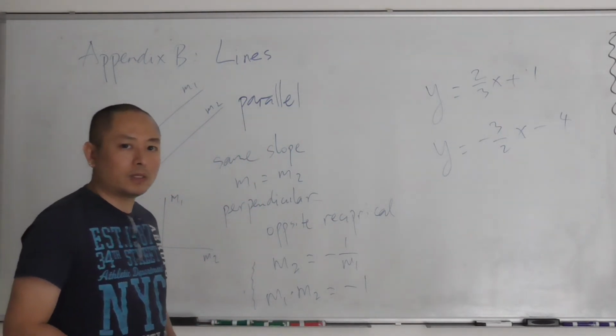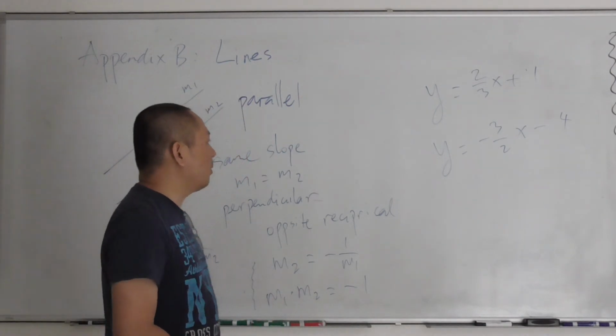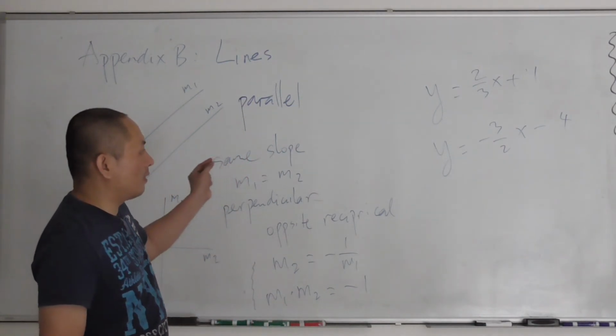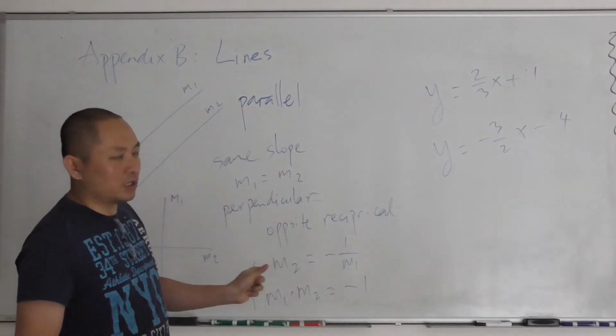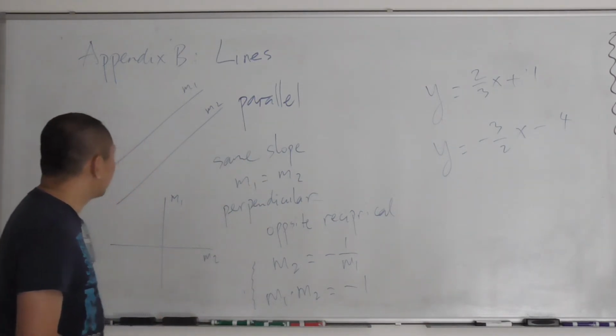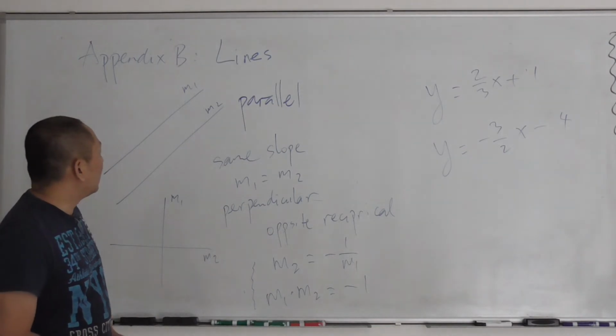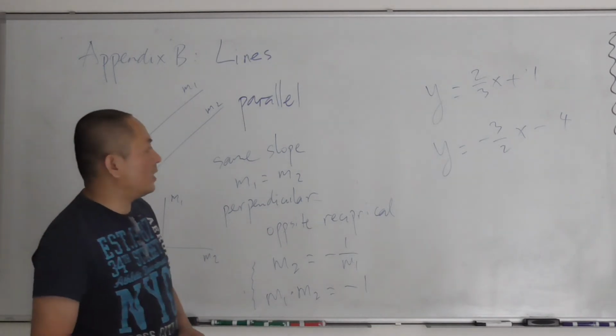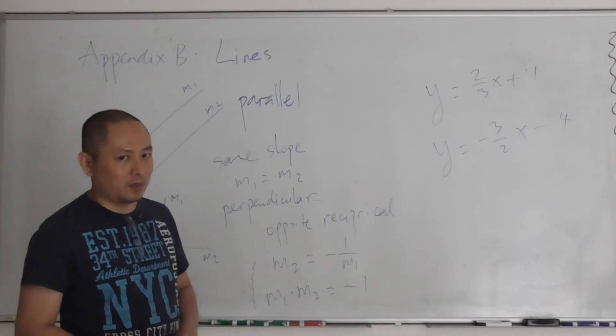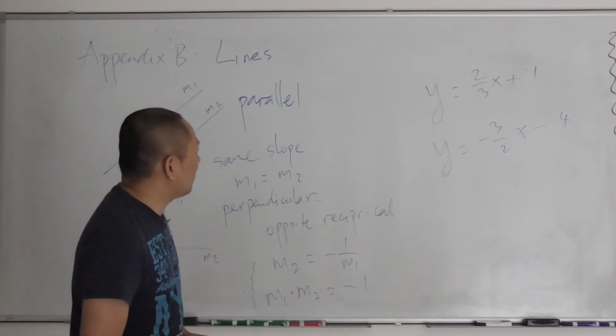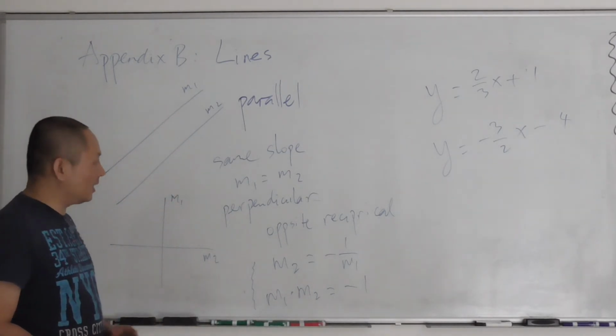If we have two points, we can find the slope of the line that goes through them by calculating change of y over change of x, or y2 minus y1 over x2 minus x1. Then there are several ways to write the equation: y equals mx plus b, or y minus y1 equals m times x minus x1.